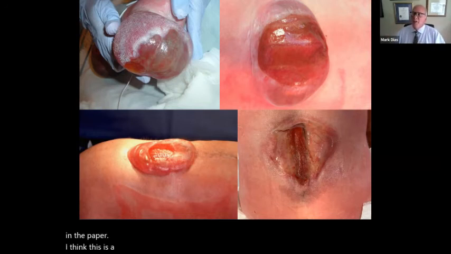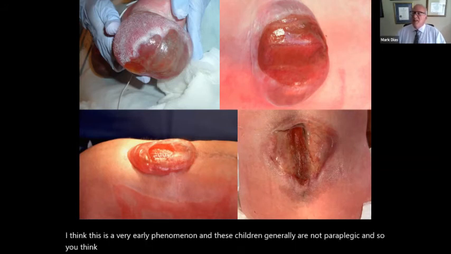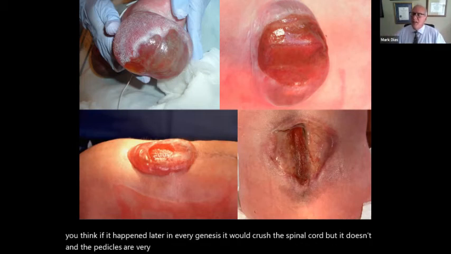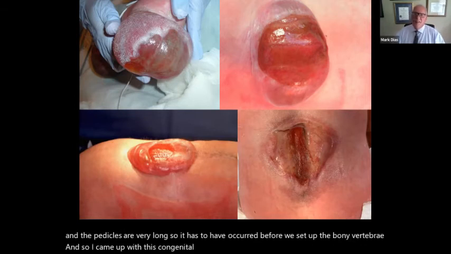These children generally are not paraplegic. If it happened later in embryogenesis, it would crush the spinal cord, but it doesn't. And the pedicles are very long, so it has to have occurred before we set up the bony vertebrae. So I came up with this congenital vertebral buckling hypothesis. That's the kind of stuff that really fascinates me.